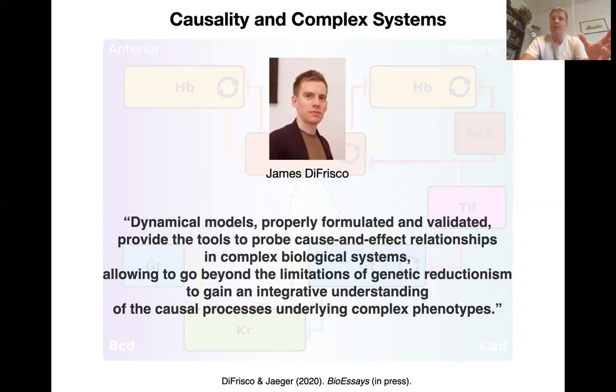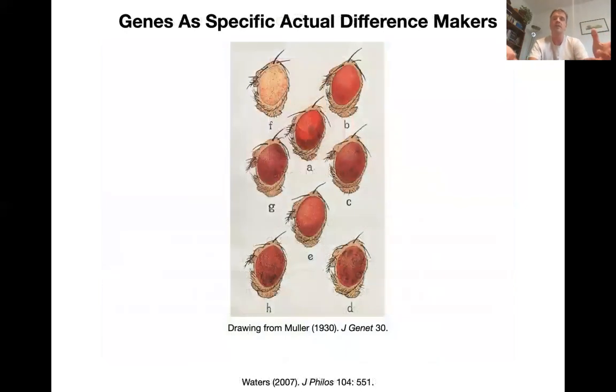So in this spirit, we're going to link this sort of investigation that I was introducing last time back to the earlier ideas about causes as difference makers that I introduced a few lectures back. Here is this picture of classical genetics, which points out that in those specific populations of fruit flies that Morgan's lab was studying, there were different eye colors that you can see in this beautiful drawing from Muller, and the actual and specific difference makers for these eye colors.